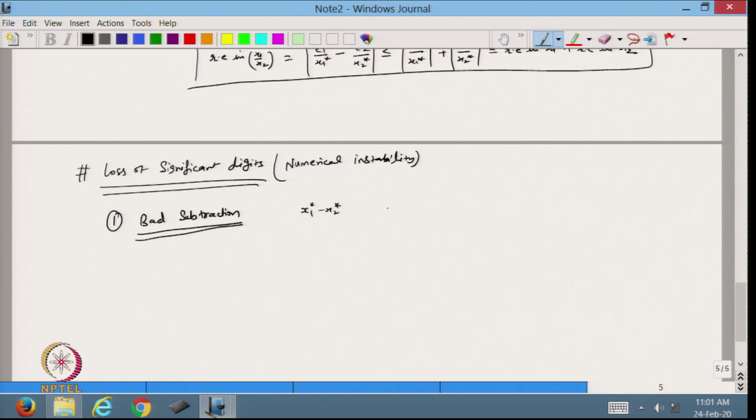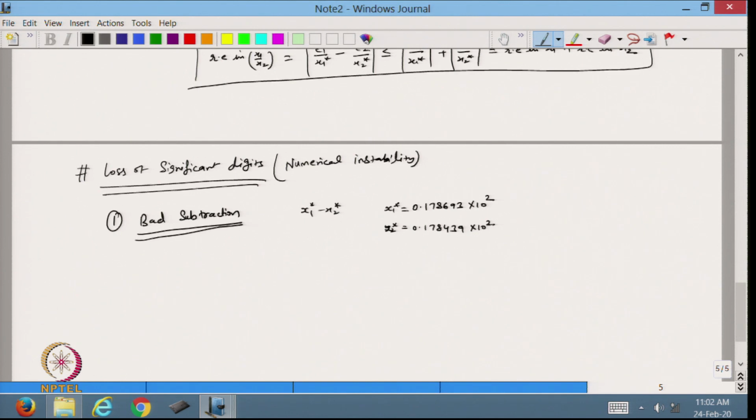For example, suppose I take x1 star equal to 178,693 into 10 raised to power 2, and another number x2 star equal to 178,439 into 10 raised to power 2.